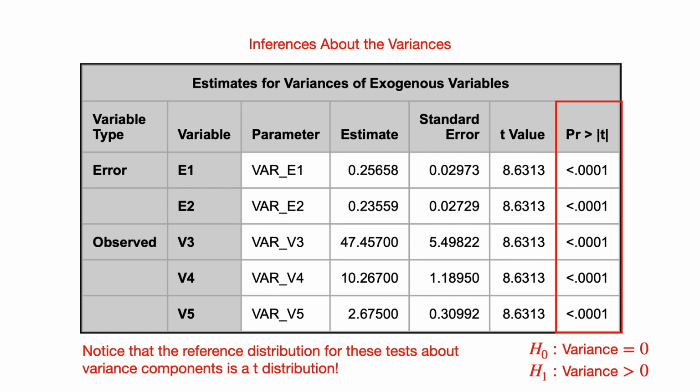In particular, when we're sampling from a normal distribution, the sample variance has a chi-square distribution. And so it may seem kind of strange that for these tests about the variance components, the reference distribution is a symmetric distribution like the t-distribution. We're going to talk a little more about this in a future lecture video.